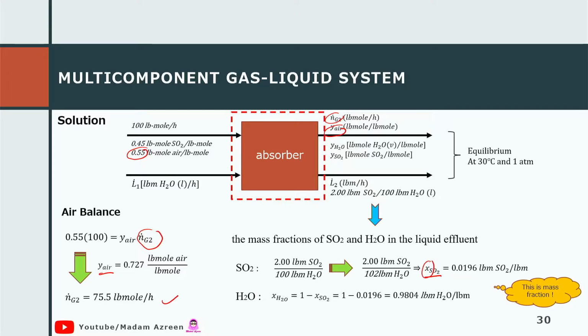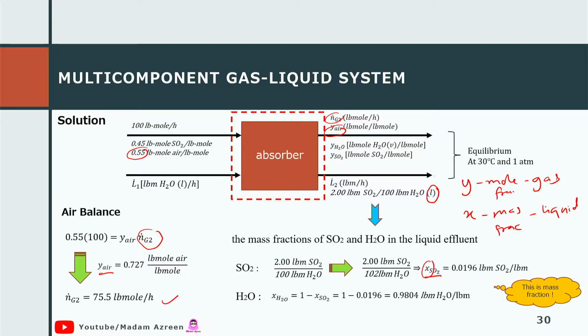Another thing you have to remember: Y is the mole fraction in a gas, and X is the mass fraction, but in liquid. Don't get confused. Because this stream is a liquid stream, we use X.